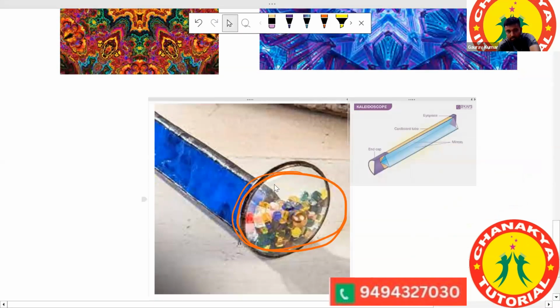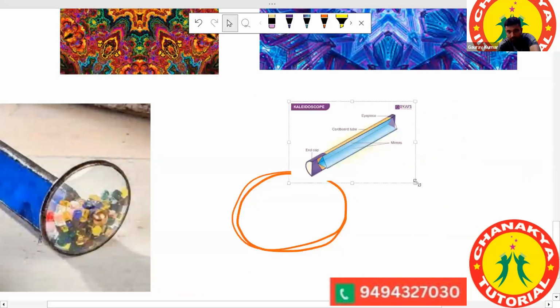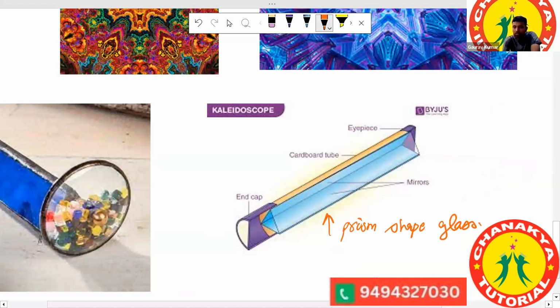So the shape of this kaleidoscope is like this. Inside there is a prism shape of mirrors, not glasses, because glasses are transparent, but we are talking about mirrors.